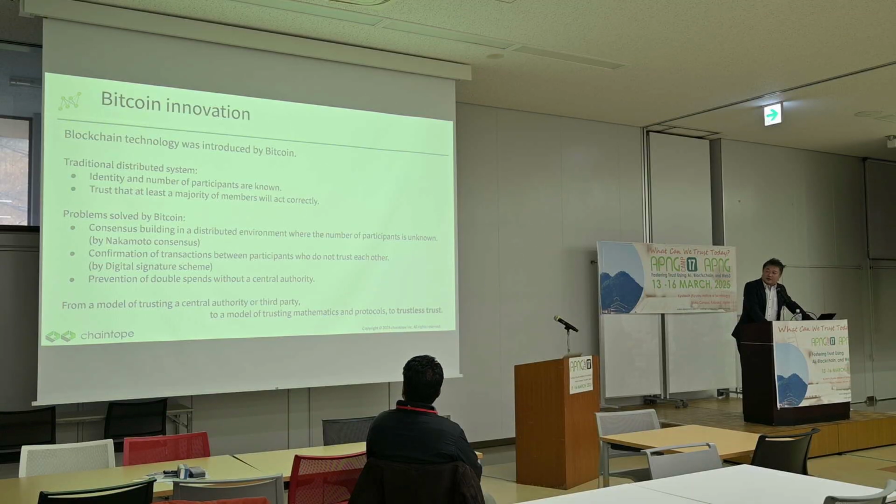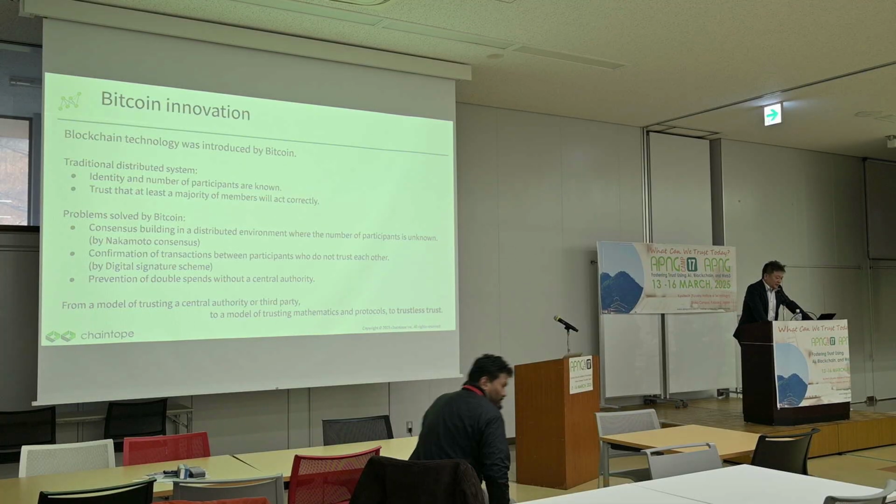Blockchain technology began with the invention of Bitcoin by Satoshi Nakamoto. What makes Bitcoin different from traditional systems? In a traditional system, the identity and number of participants are known and trusted, and at least a majority of members will act correctly. But in Bitcoin, consensus is built in a distributed environment where the number of participants is unknown.